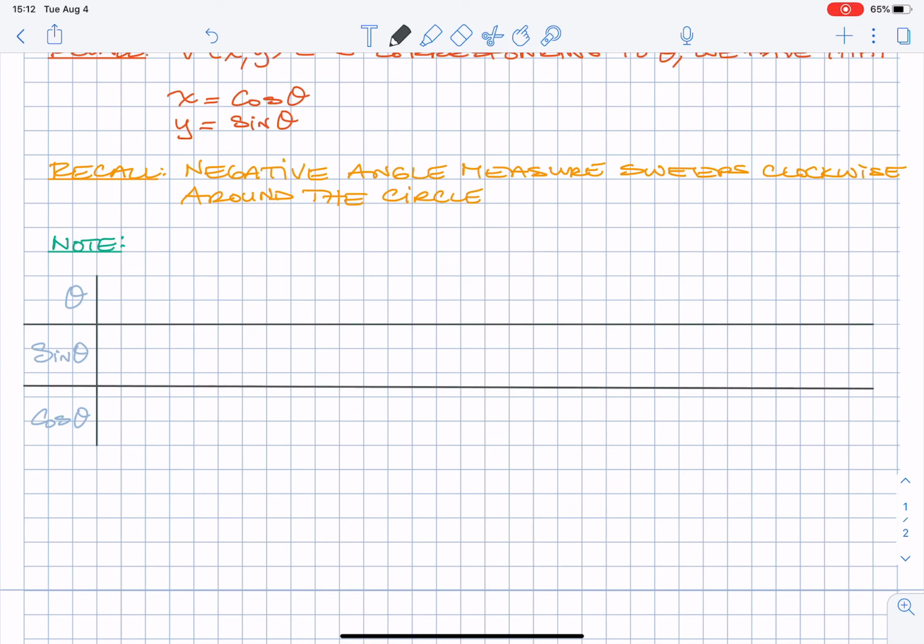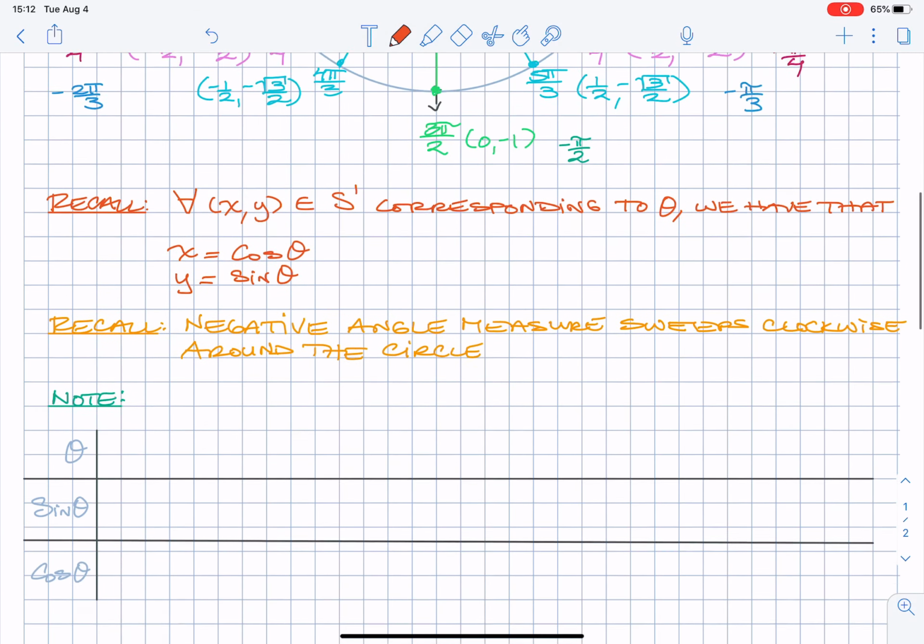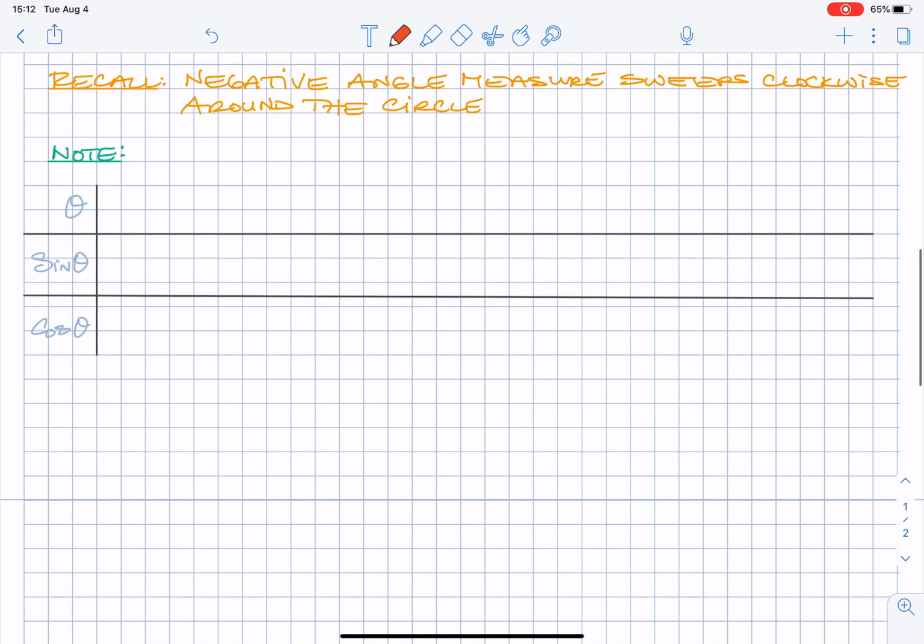Okay, so what I'd like to do is various angles. I'll give myself 2 spaces for each angle I want to do, and you'll see why in a moment. Hopefully I'll have enough room here.